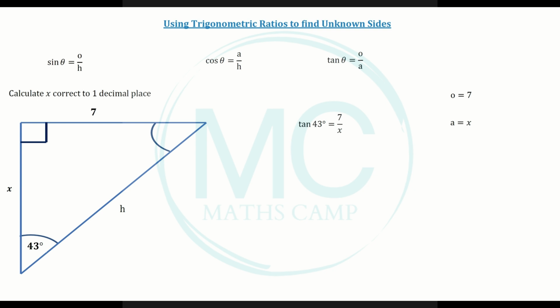Now we can multiply x by both sides, and on the left we get x multiplied by tan 43 degrees is equal to 7. Now let's get x by itself, which means we have to divide both sides by tan 43 degrees. On the left we have x is equal to 7 over tan 43 degrees.